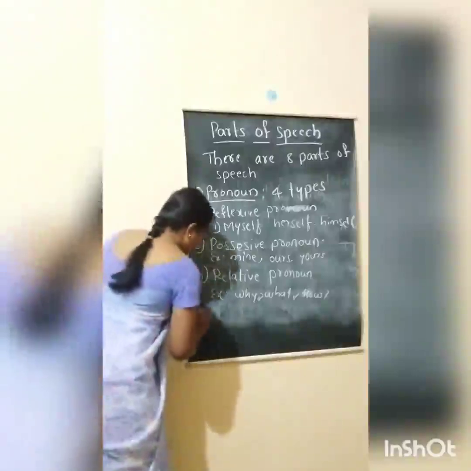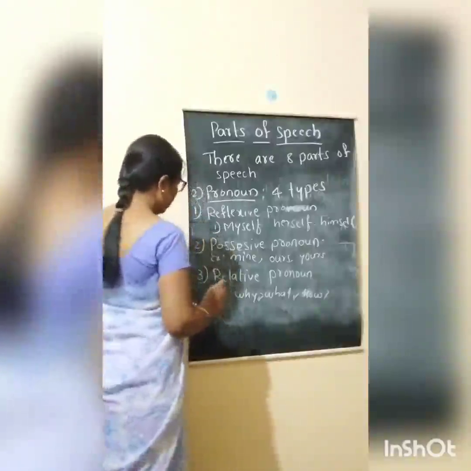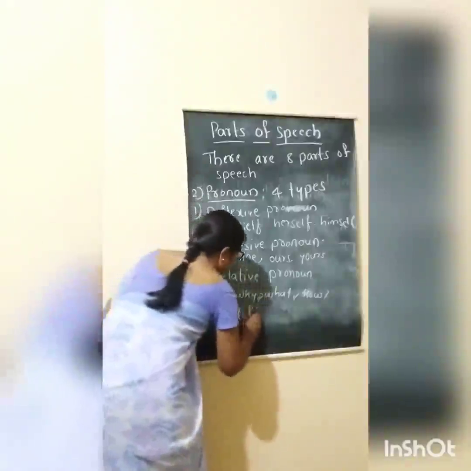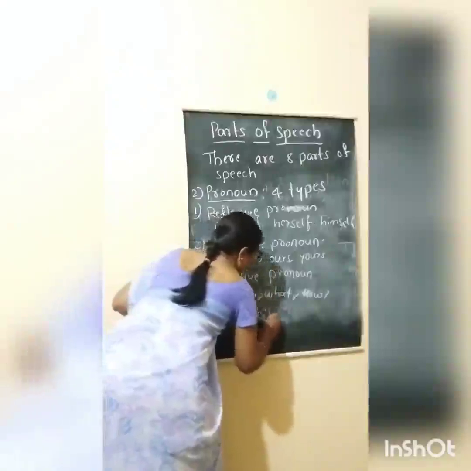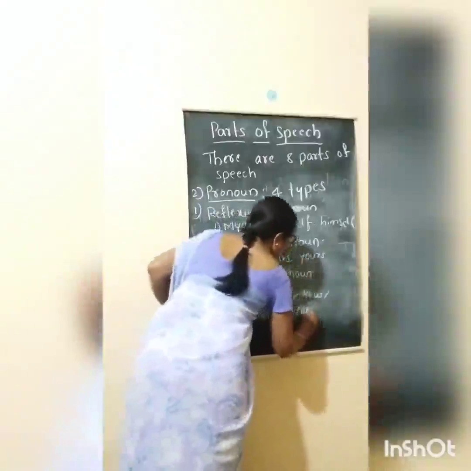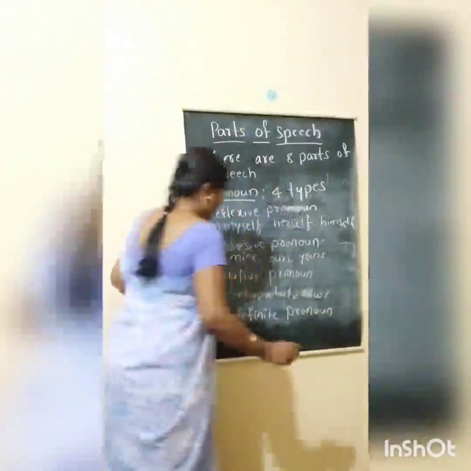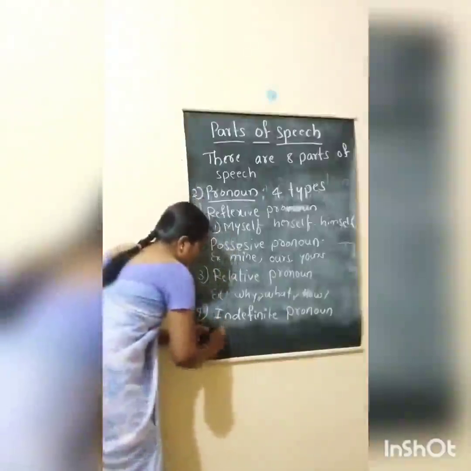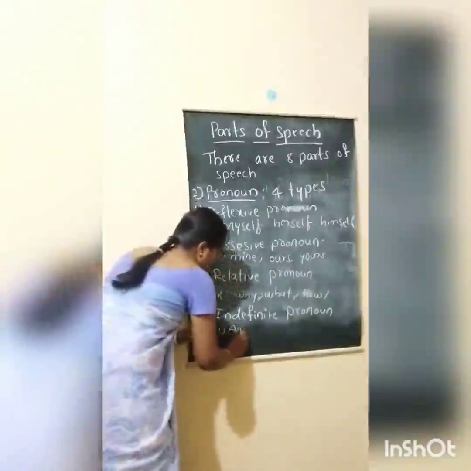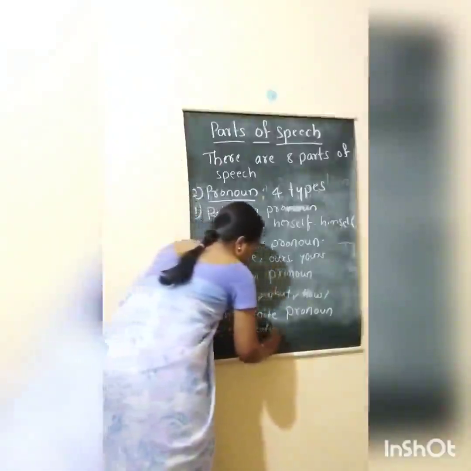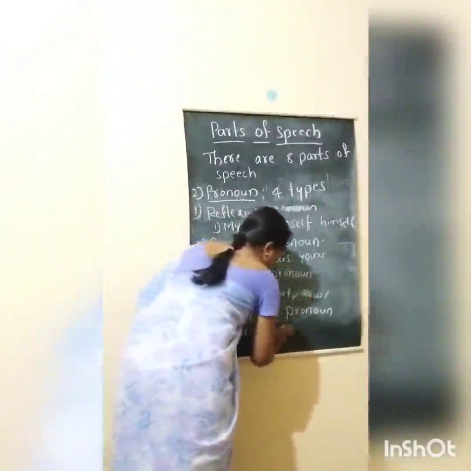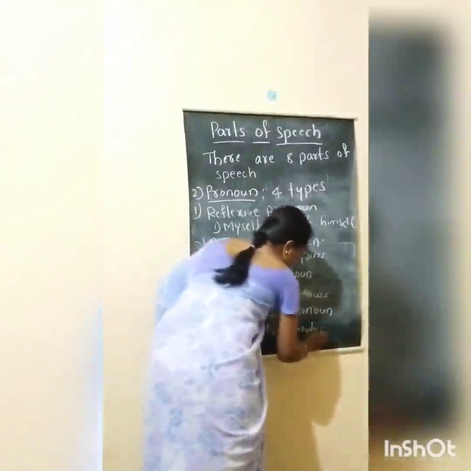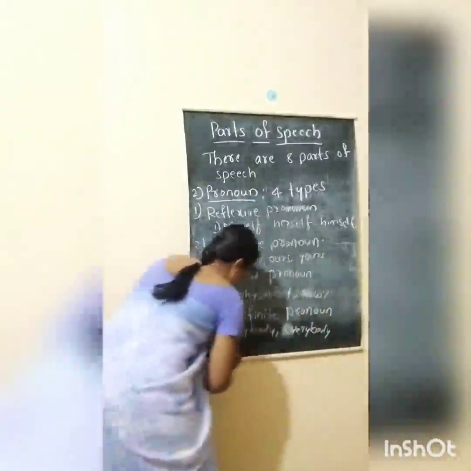And the last one is indefinite pronoun. Suppose in a sentence we get this type of words: anybody, everybody, anyone.